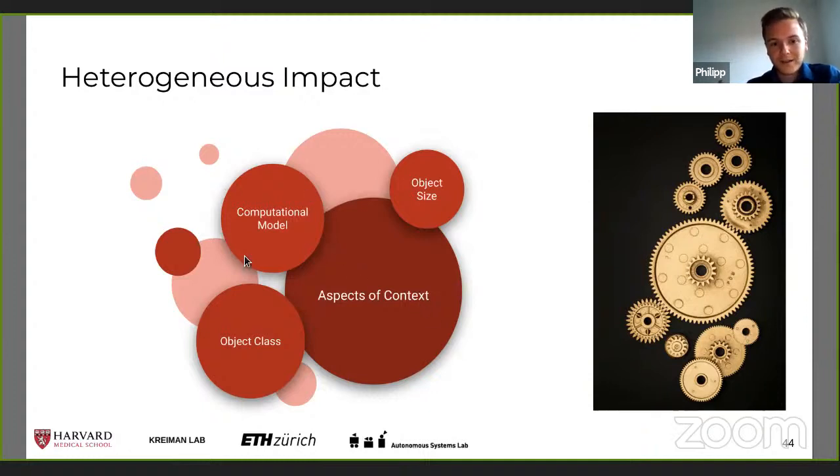But we find that different computational models tend to leverage different aspects of context, at least to different extents, for different object classes and different object sizes. So again, there's really quite a bit of heterogeneity here, and different model architectures seem to be more or less suited to leverage different aspects of context.